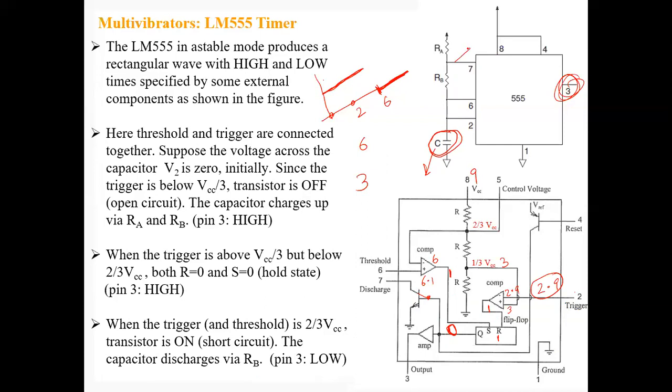Then it no longer discharges. It charges again because this is open. Then when it reaches 3, it again discharges. Then again it charges. See, it fluctuates between 3 and 6.